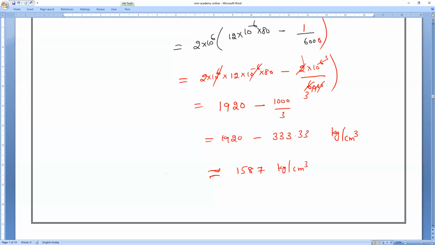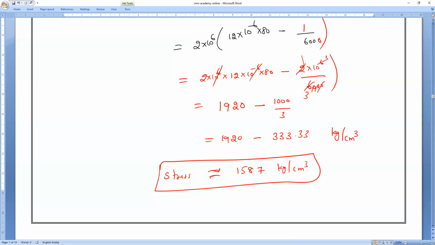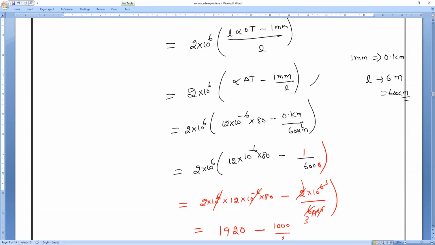When it is just allowed to expand, how many millimeters? If it is allowed to expand 1 millimeter, is the stress decreasing or increasing? Everybody, stress is decreasing. Okay, that is what you have to remember.